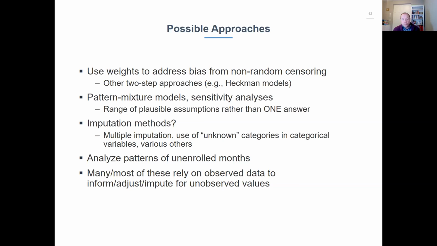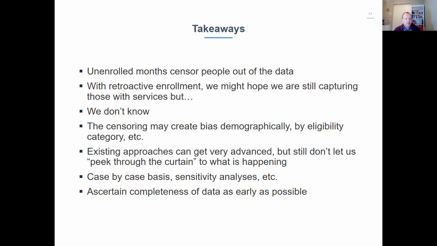It's just not the only choice, and it does create potential bias in your analytic sample. So the takeaways are that unenrolled months do censor people out of the data. With retroactive enrollment, we might hope we are still capturing those with services.